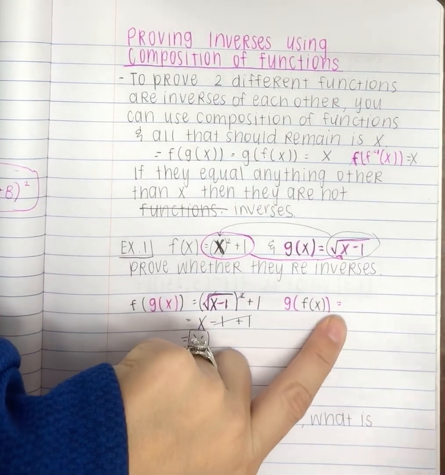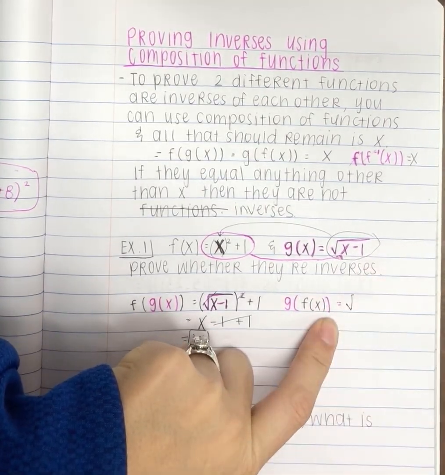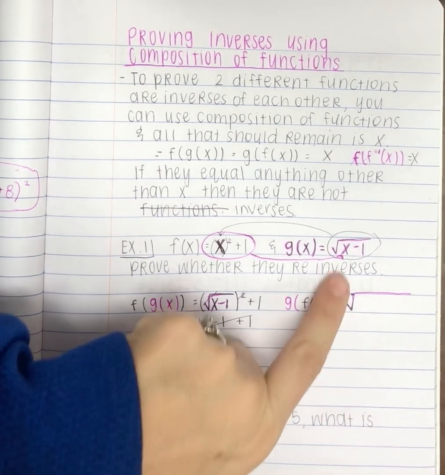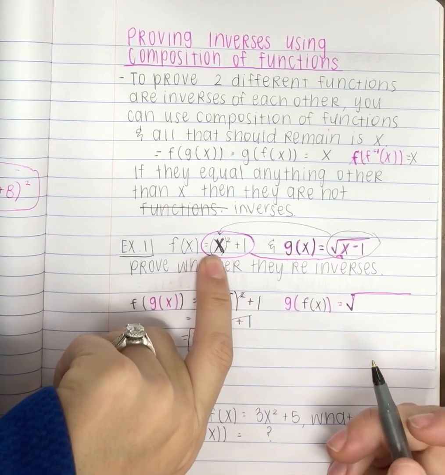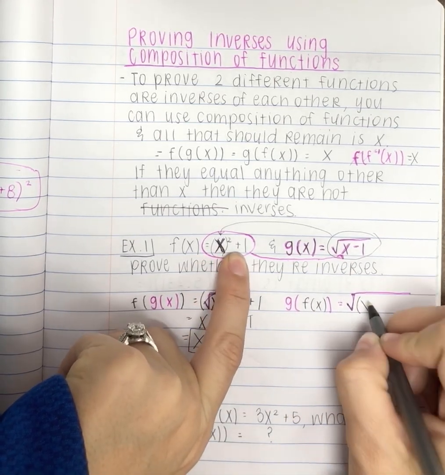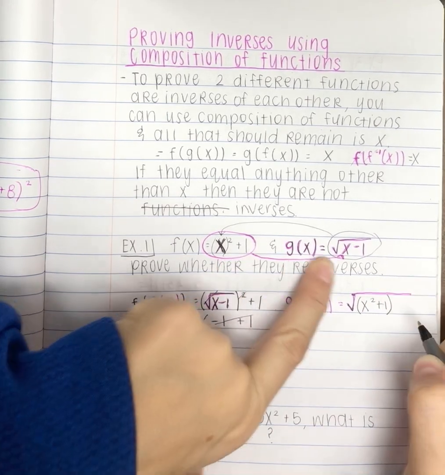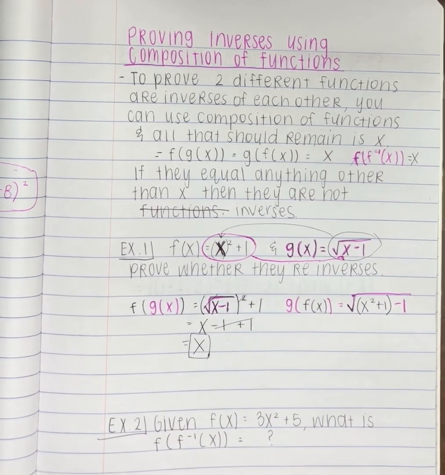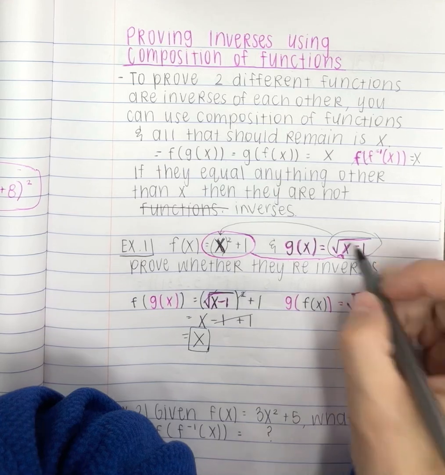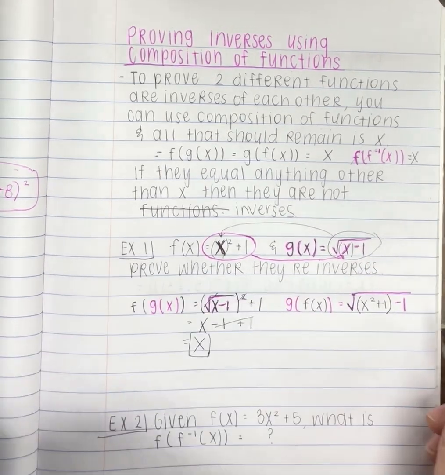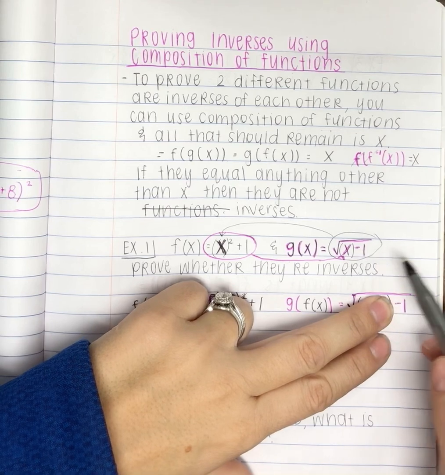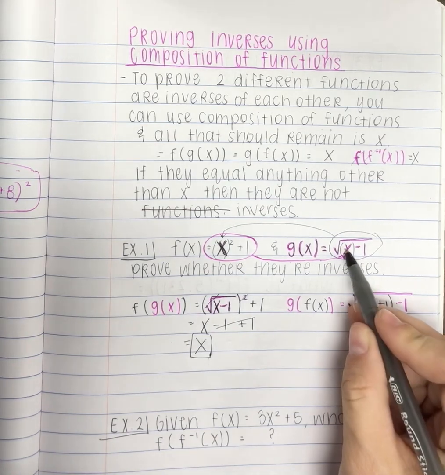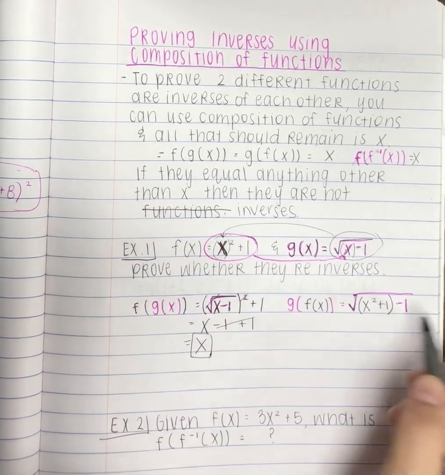Meaning, I keep my square root how it is, my pink function, and instead of x underneath my square root, I'm putting x squared plus 1, right? And then I'm finishing off the minus 1. The minus 1 and the square root are the same. The only thing that's different is instead of x, you put in x squared plus 1.